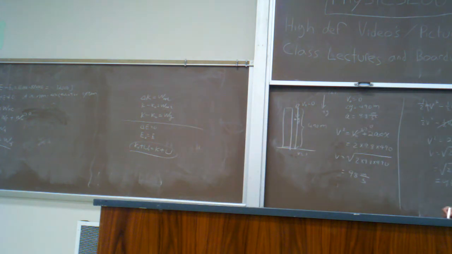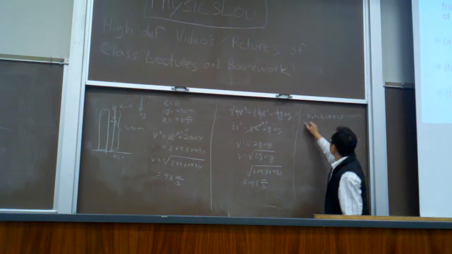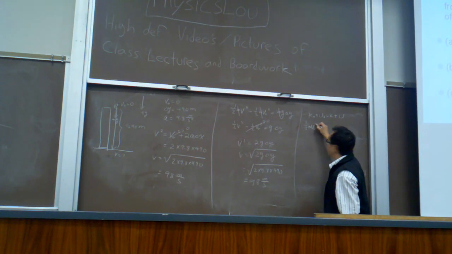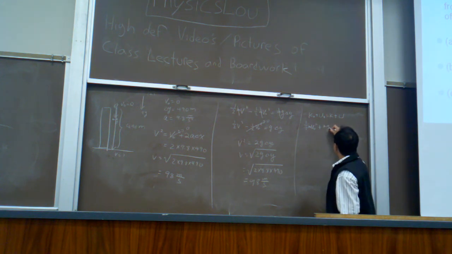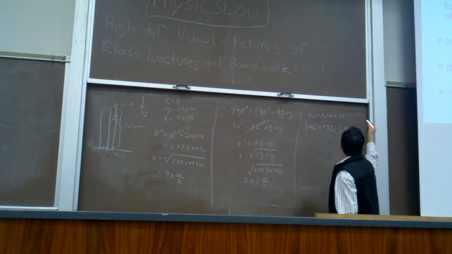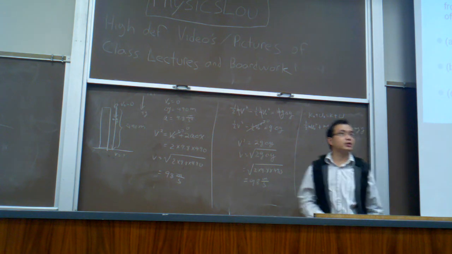K naught plus U naught equals K plus U. So 1/2 mv naught squared plus mg y naught equals 1/2 mv squared plus mg y. Right? That's the equation.